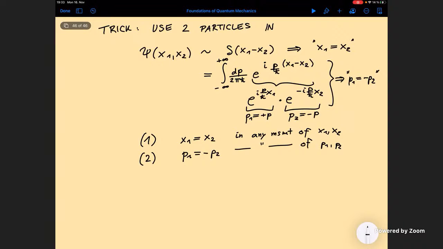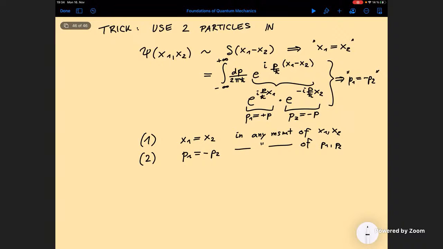The idea is that, as I said before, you can choose to measure x1 and then you infer the value of x2. It's simply equal to x1, and you are certain of that because whenever you would now measure x2, you would find that value. But instead of actually performing the measurement on x2 and confirming that there is this identity, you say, well, why should I waste my precious measurement on something that I already know?